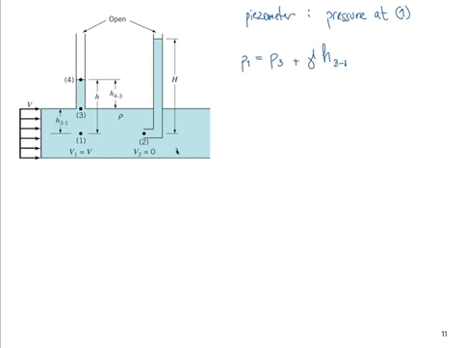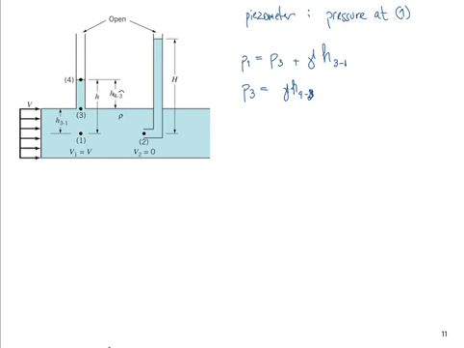Then pressure at 4 is atmospheric, 0 gauge, so pressure at 3 is equal to P4 plus gamma times H43, this is this guy over here. The notation is using the points.